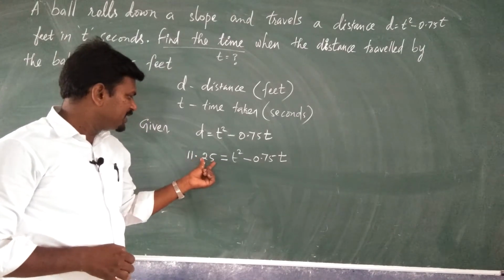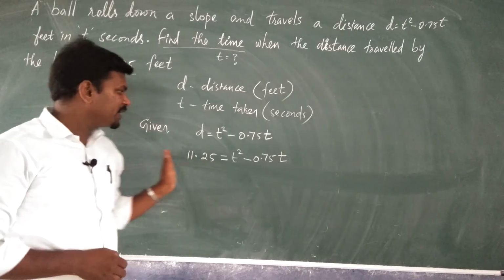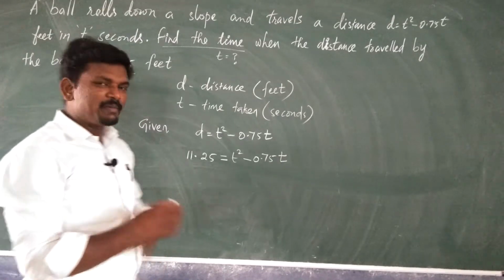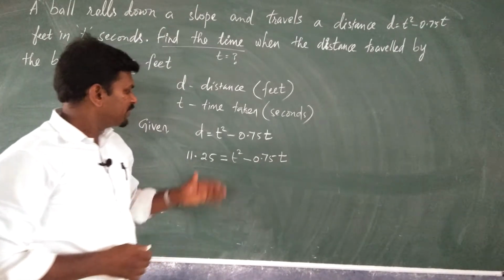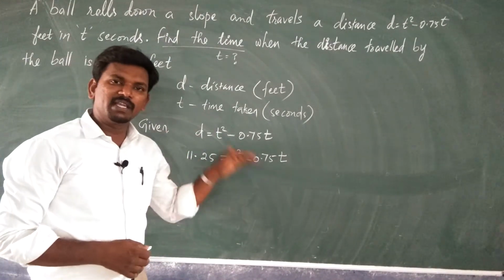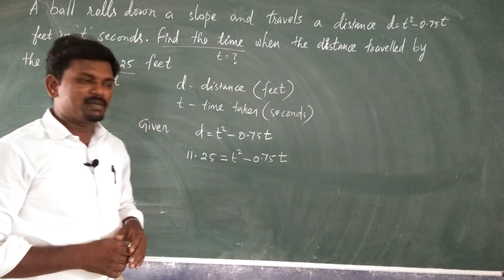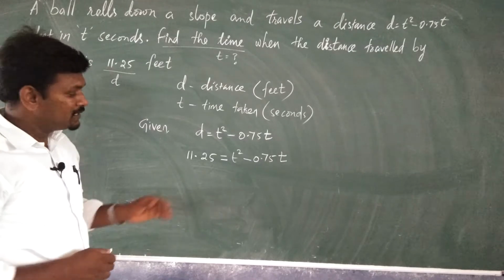After the decimal point there are 2 digits, so we can multiply all the terms by 100 and write it in the form ax square plus bx plus c is equal to 0.